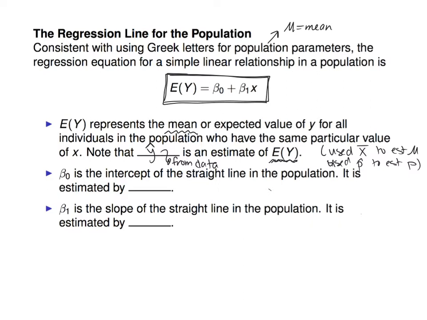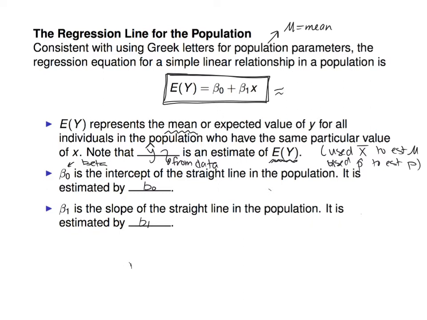Beta 0 is the intercept of the true straight line in the population. It's estimated by b sub 0. So this is actually a beta. Beta 1 is the true slope of the straight line in the population, and it's estimated by b1.